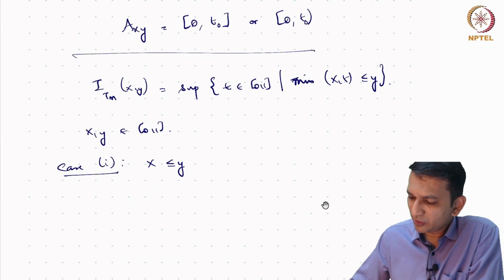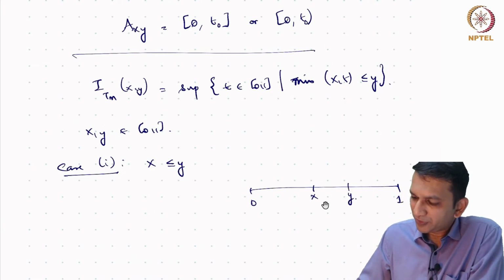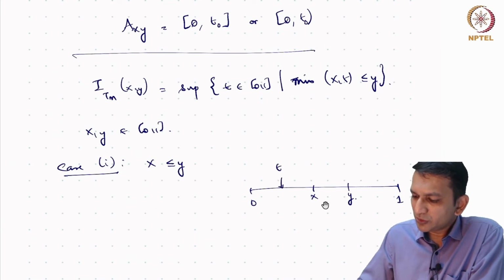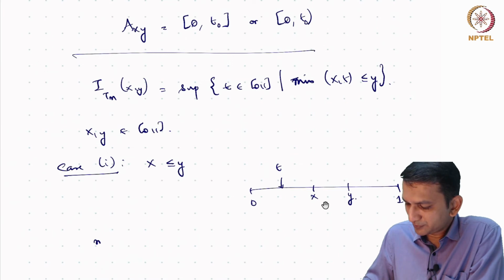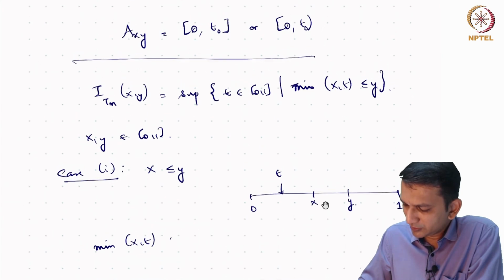x is less than or equal to y. So let's assume that x is here and y is here. Now, if I take a t here, what happens to min of x comma t? t is smaller than x, so this is equal to t, but it is less than x, and so it is less than y too.